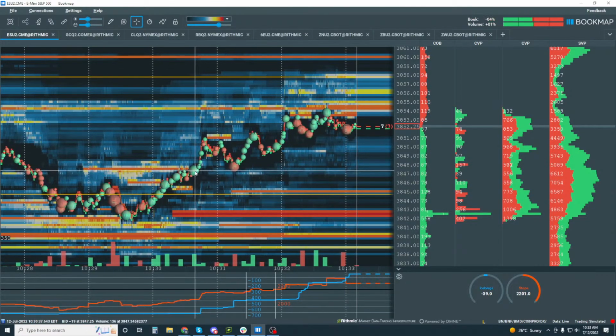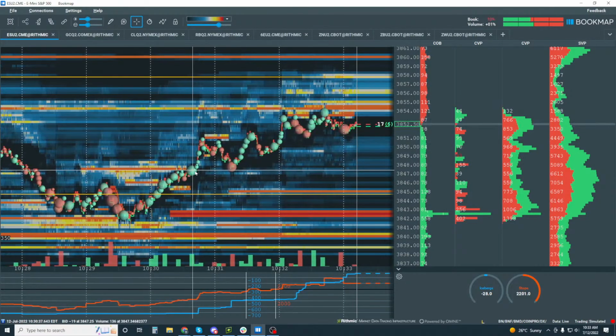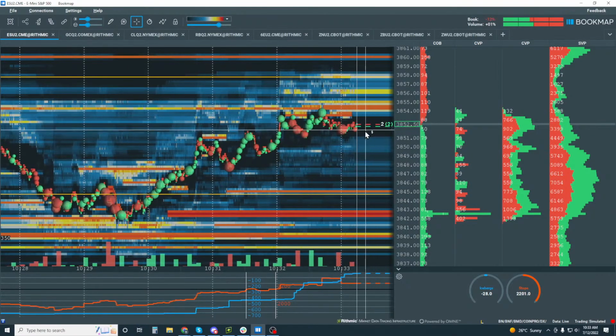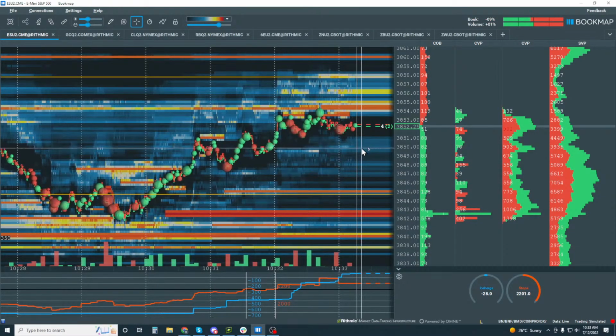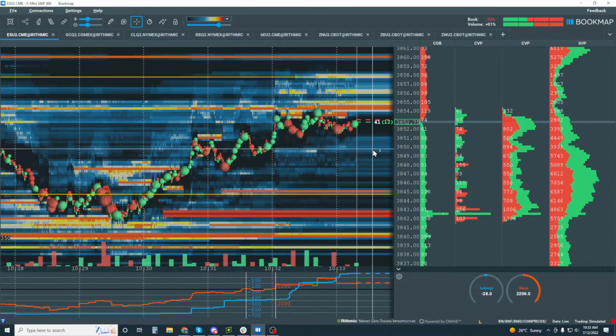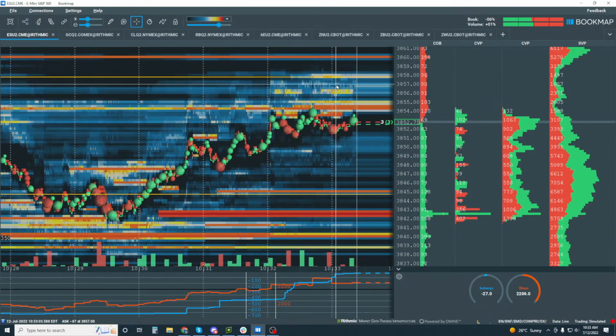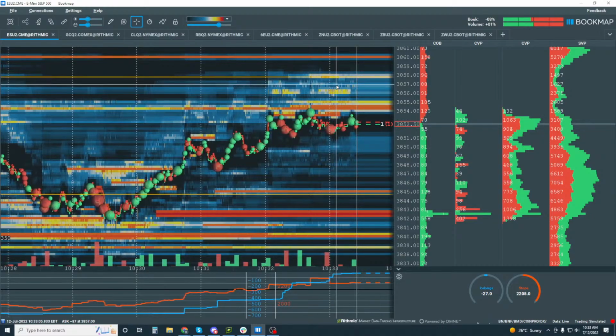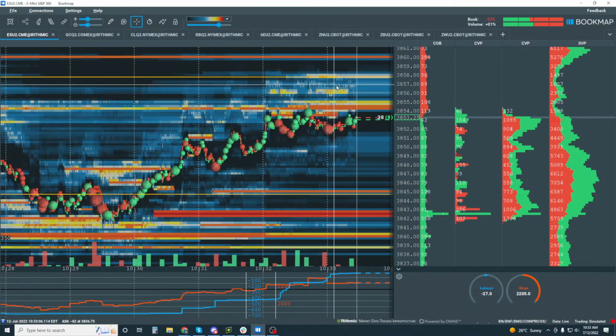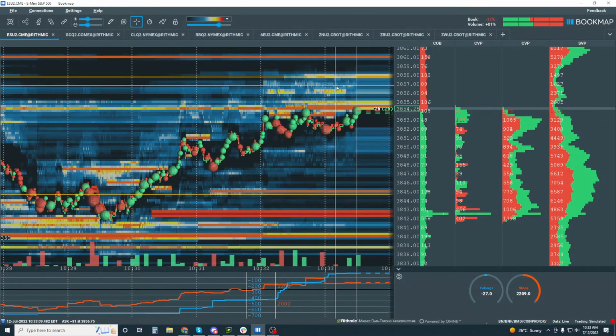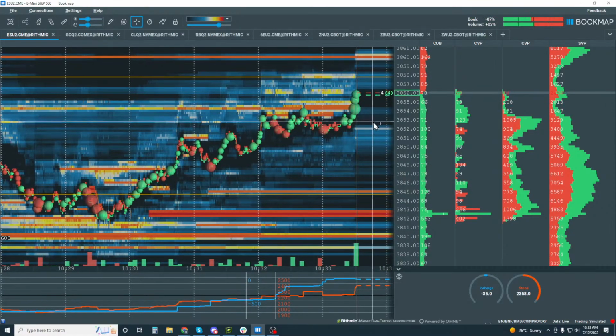So I'd be looking for them to come back down and retest here, because see how dark it is in here. There's a little bit of action at 38.50, not much, but let's see if we can get a range-bound trade. Yeah, not seeing it whatsoever.